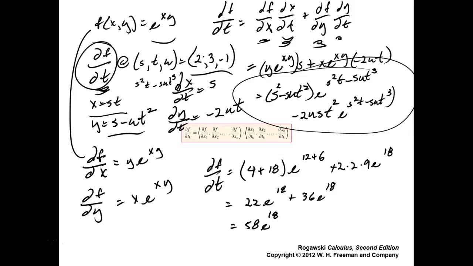If you multiply the letters first, ST times S, that would be S squared T minus SUT cubed. And when you plug those in, well, number 1, 4 times, no, that would be 12.